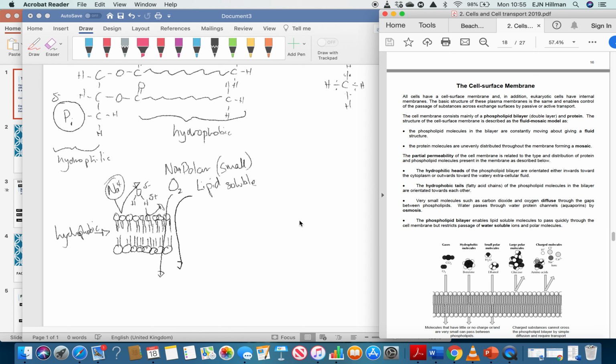Let's have a look at the types of transport then. The first type is diffusion. So what is diffusion? Here is the definition.